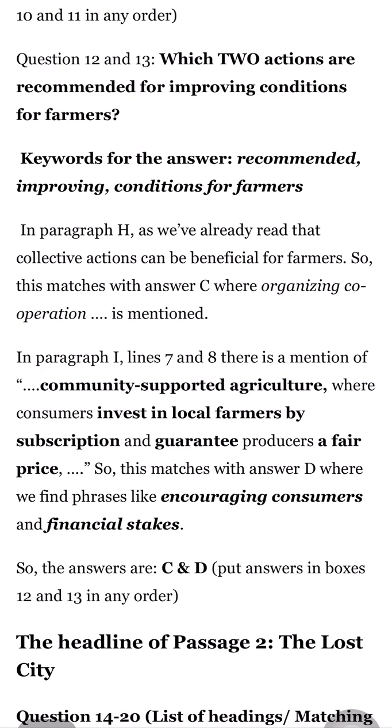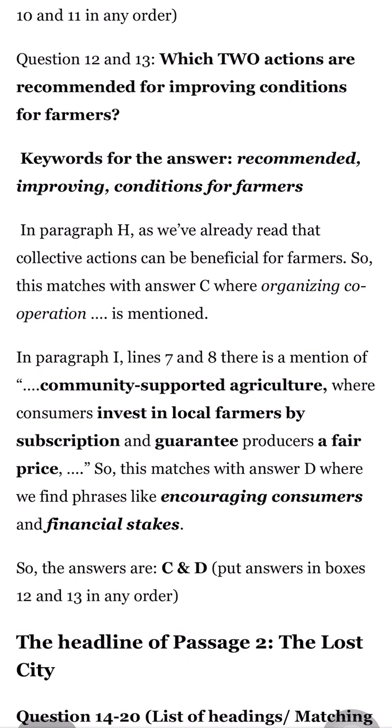In paragraph I, lines 7 and 8 there is a mention of community-supported agriculture, where consumers invest in local farmers by subscription and guarantee producers a fair price. So, this matches with answer D, where we find phrases like encouraging consumers and financial stakes. So, the answers are C and D. Put answers in boxes 12 and 13 in any order.